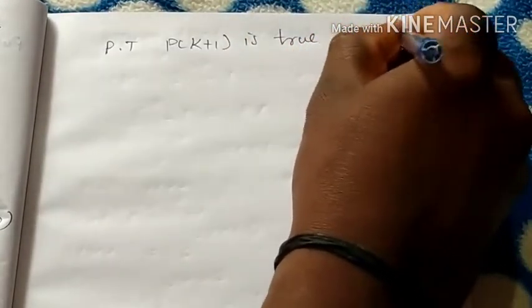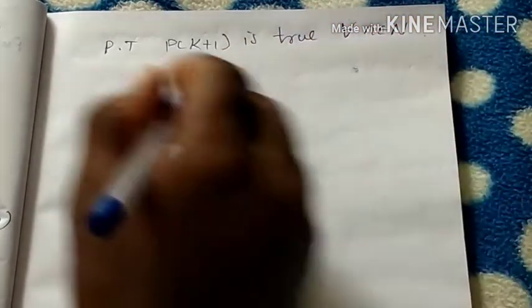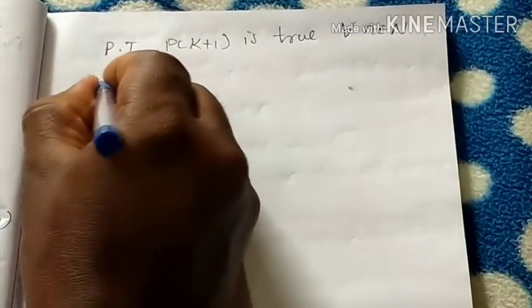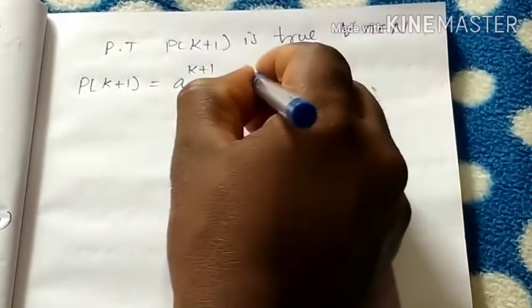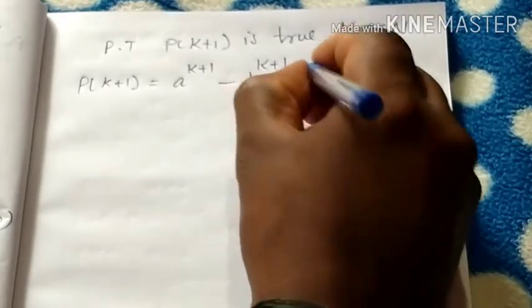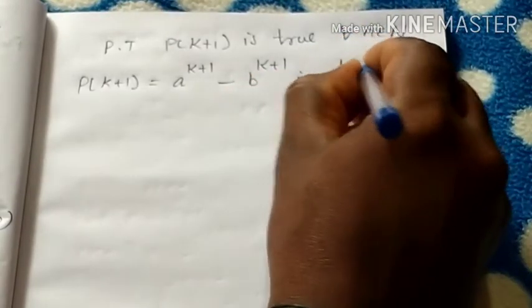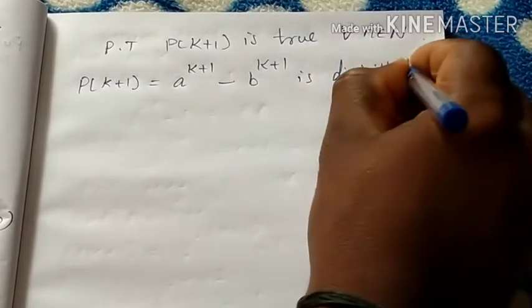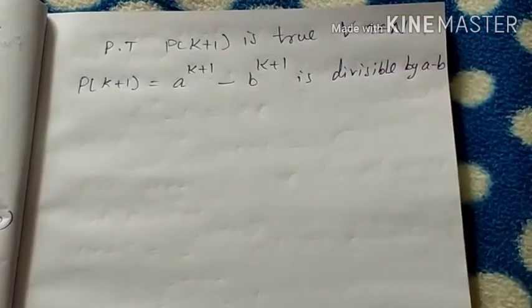Next prove that P of k plus 1 is true for all n belongs to N. So P of k plus 1 equal to a power k plus 1 minus b power k plus 1 is divisible by a minus b.